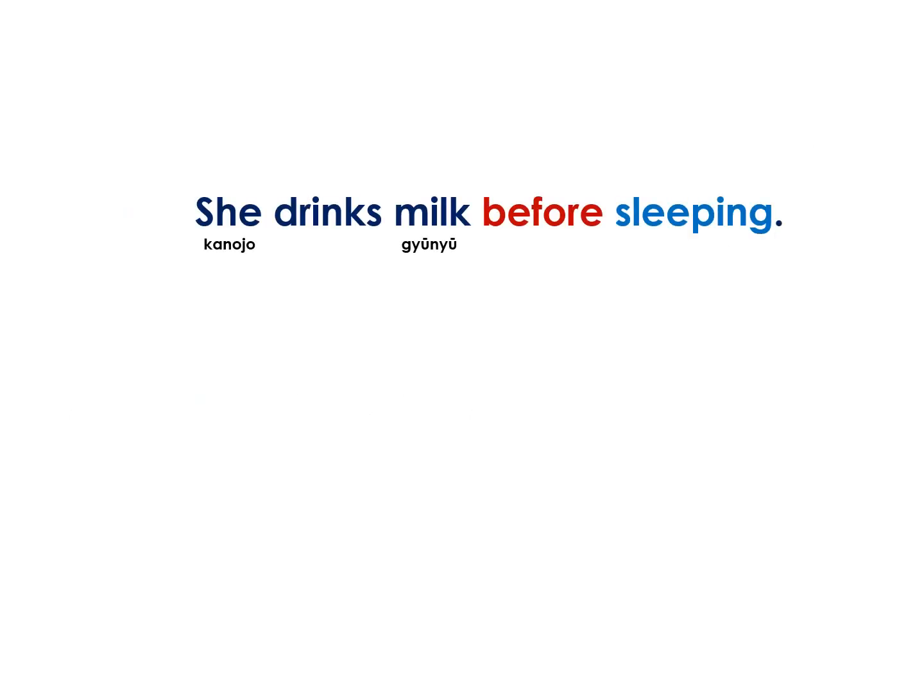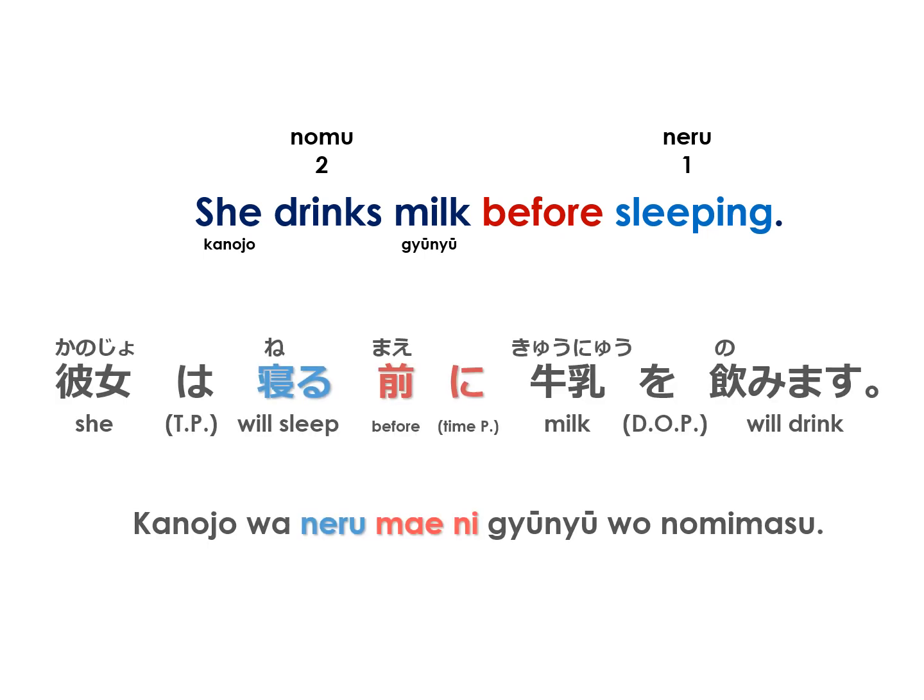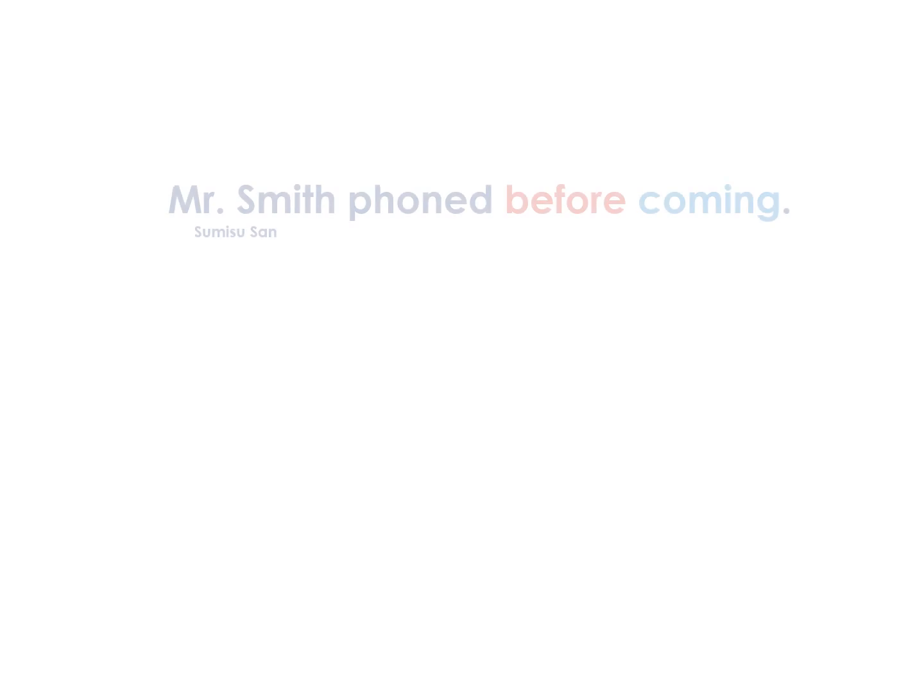She drinks milk before sleeping. To drink is nomu, category 2, and to sleep is neru, category 1. In Japanese, using formal form, 彼女は寝る前に牛乳を飲みます。Mr.